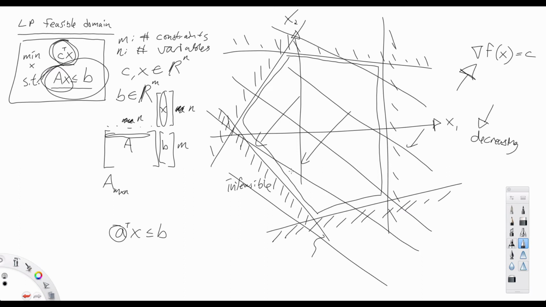And if we keep moving down, say we move down here, we hit this edge right here. Is it possible to reduce the objective function even more without crossing over into the infeasible domain? Well, we could move along this constraint boundary and keep going downhill. And it looks like at this vertex, the way that I've defined the direction of decrease for f of x, that's going to be the minimum.